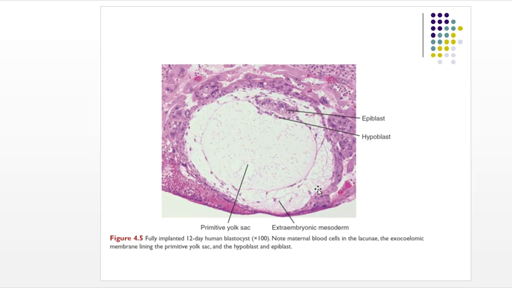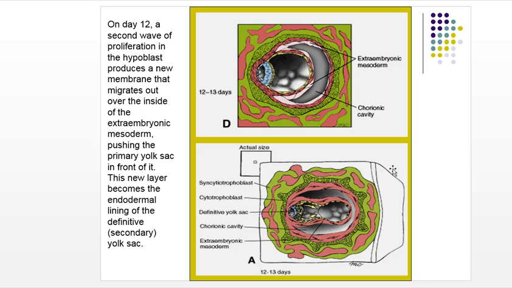Here it is not shown in detail, the somatic and splanchnic layers of the extra-embryonic mesoderm. Around here you can see the extra-embryonic mesoderm formation.